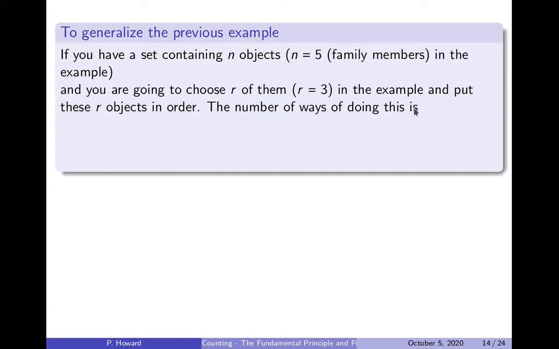Then the number of ways of doing this is: you start with n. You multiply by 1 less, in other words, you multiply by n minus 1. You multiply that by 1 less, in other words, multiply by n minus 2. And you keep multiplying until you have R factors.